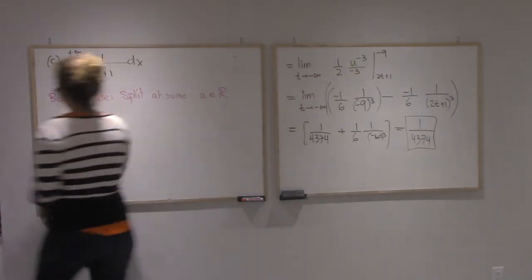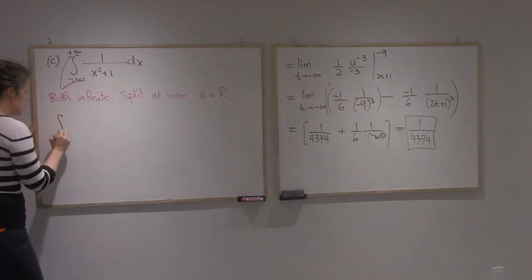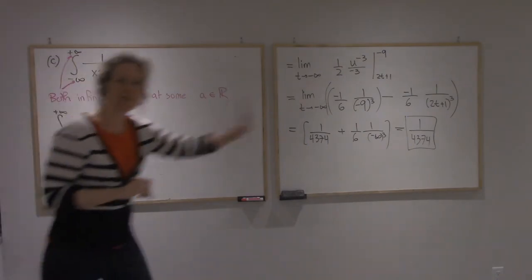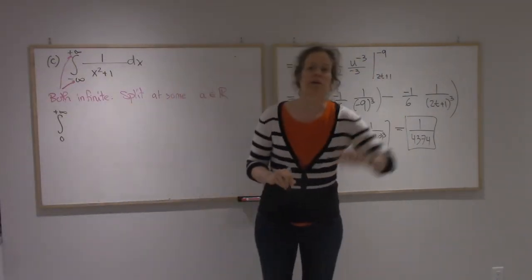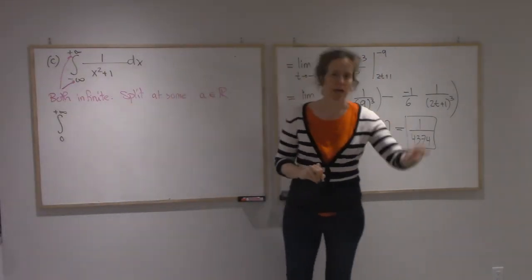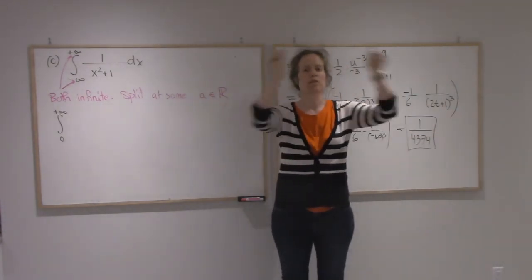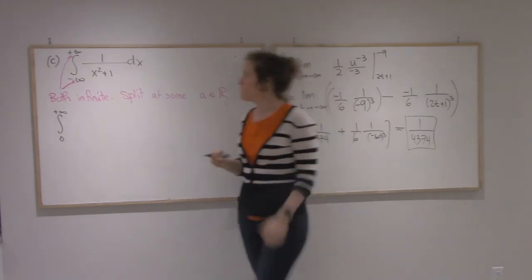So here I'm going to look at the integral from 0 to positive infinity. I'll compute this limit. If it gives me a finite number, I'm going to compute the second one. If that also gives me a finite number, the answer will be the sum of these two numbers.